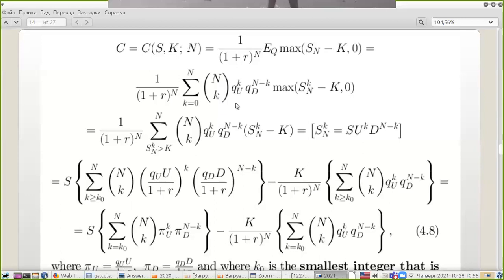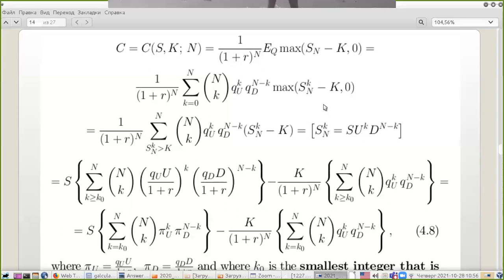But these are binomial probabilities, and we can compute them using the Bernoulli formula, and we write this. We don't write C, we write instead this bracket.